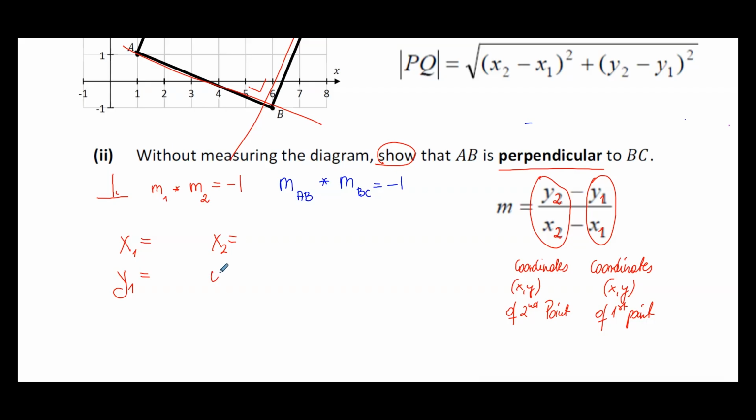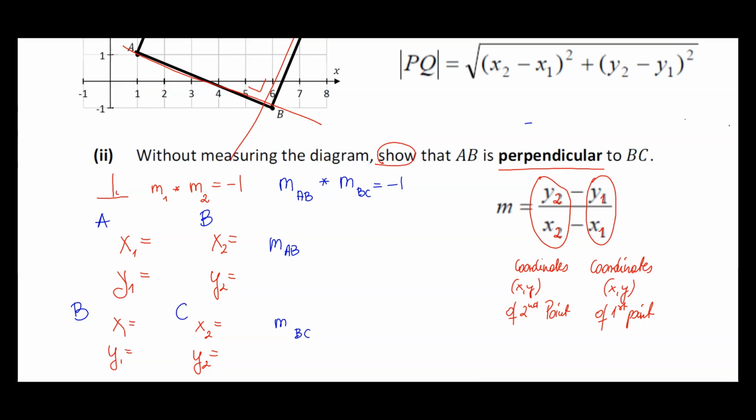It's always good to write a list because it makes things so much easier when we are using the formula, and therefore we make sure we don't put the wrong number in the wrong place. So if we are doing the calculation for the slope AB first, A will be the first point, B will be the second, and here we do the calculation for BC, where B will be first and C will be second.